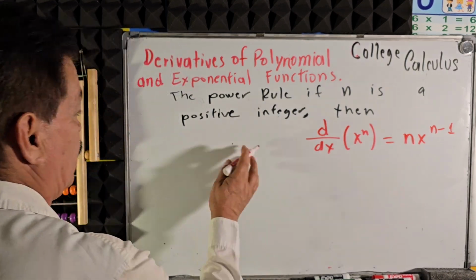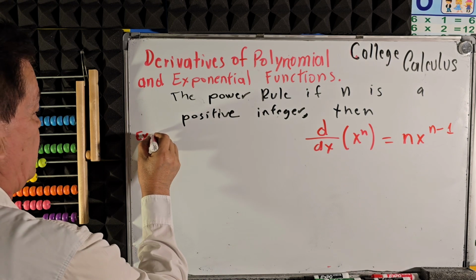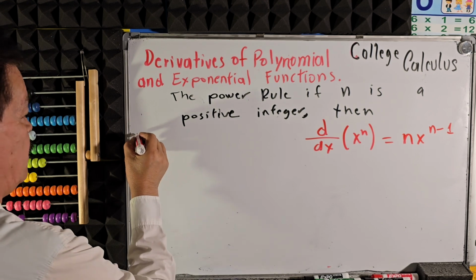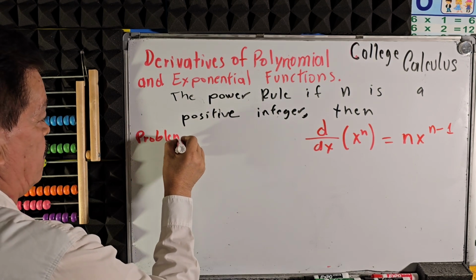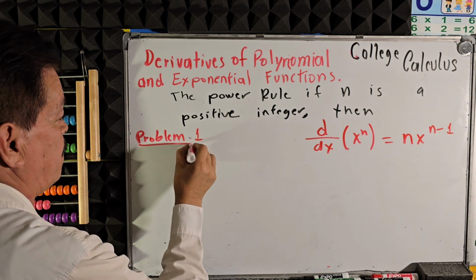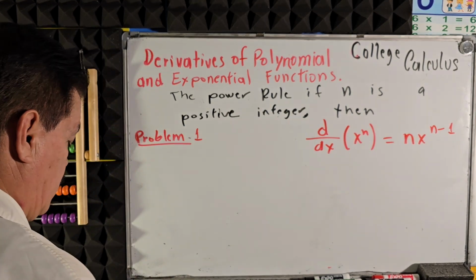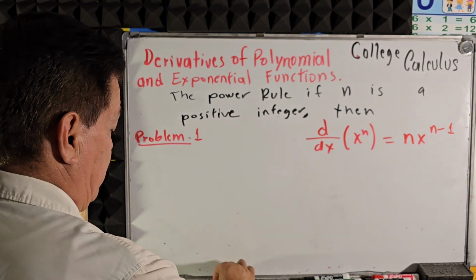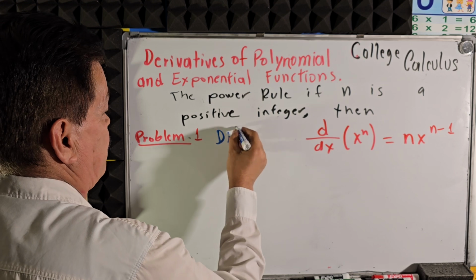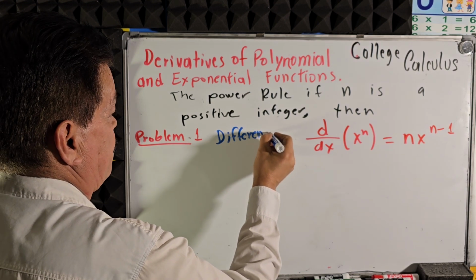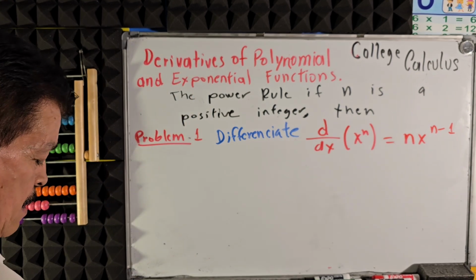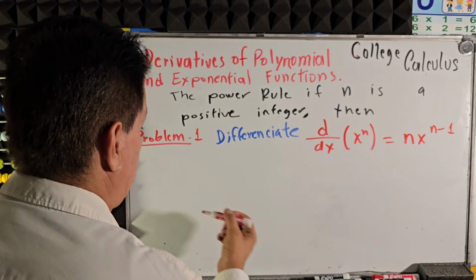So example number 1, let's work with that example or problem. Let's write problem 1. This part is called differentiated.